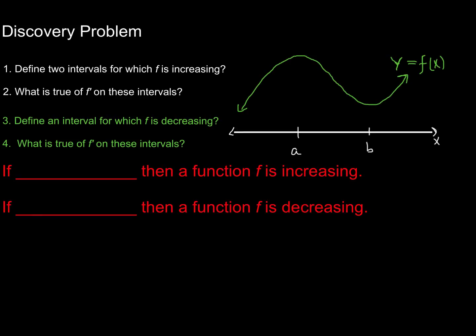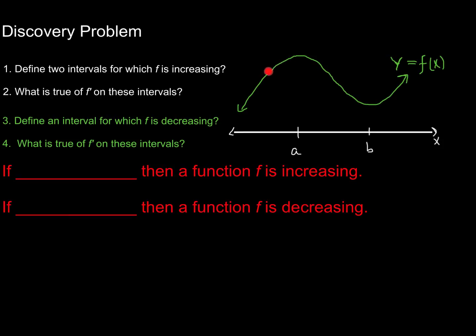Alright, so here we have this function, and pretty clearly, there are some parts where the function is increasing, and some parts where the function is decreasing, and we want to be able to clearly explain where those are. So the 2 intervals for which f is increasing: going from left to right, as we approach the x value of a, the function is increasing.